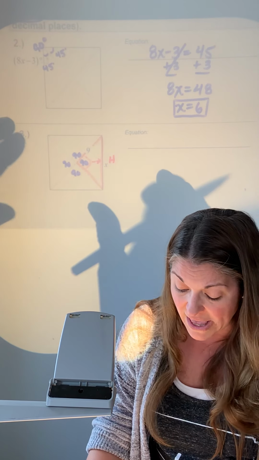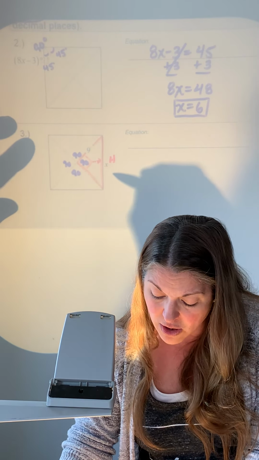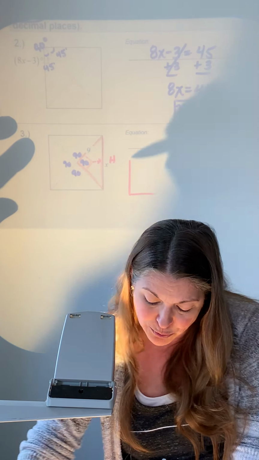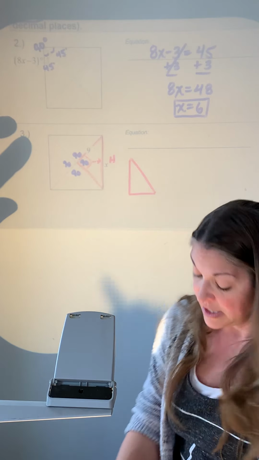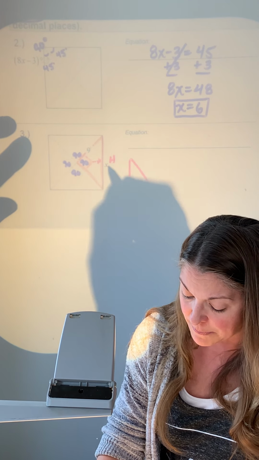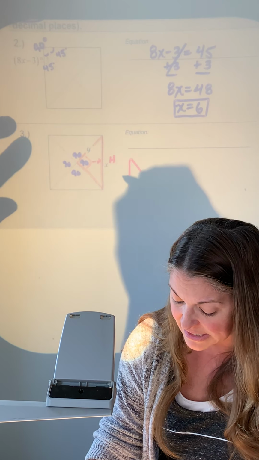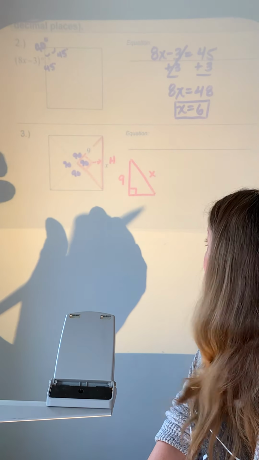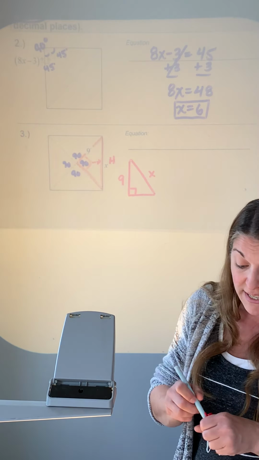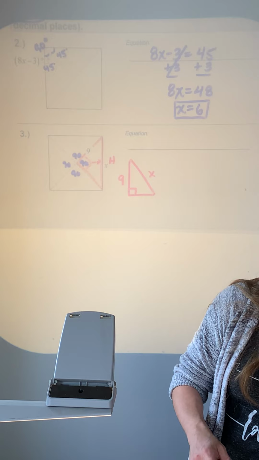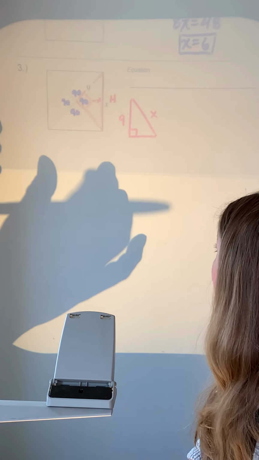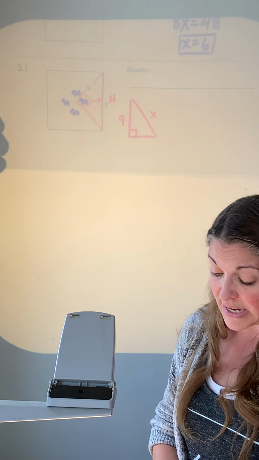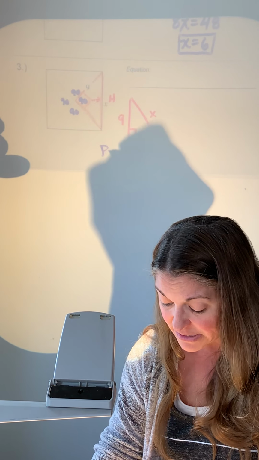So I'm just going to redraw this triangle off to the side here, so it looks a little bit more like a right angle. So here's my 90, my hypotenuse is my X, and my side here is the 9. So what I really have going on here, guys, is just a right triangle where I have two sides and I'm looking for one. That is Pythagorean theorem.